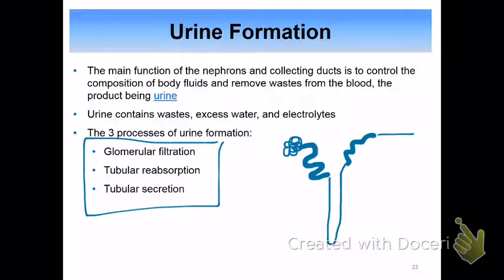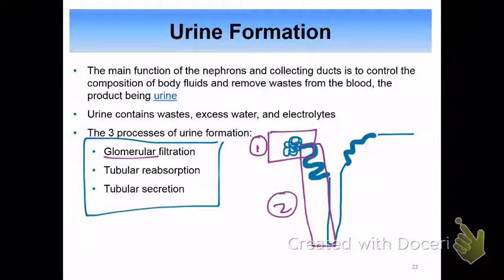Okay, I'm going to point out now for you where these 3 steps occur. Now that you know the structure, glomerular filtration is going to happen right there. So that's going to be step 1. That's where the blood is filtered in the glomerulus. Pretty easy, right? Step 1, glomerular filtration. Tubular reabsorption is going to happen right here, in that proximal convoluted tubule.